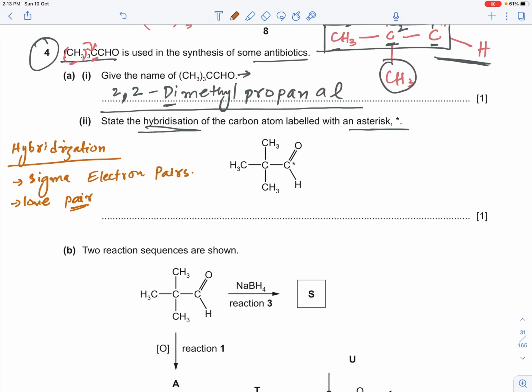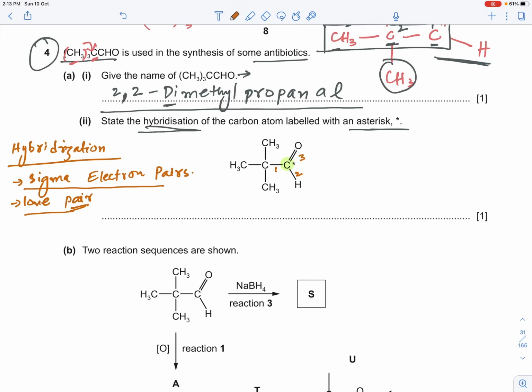So we have to find the hybridization of this carbon, right? So we would count the total number of electron pairs, which include sigma electron pairs and lone pairs. So this is 1 sigma electron pair, this is the second sigma electron pair, and then we have a double bond. A double bond means it has a sigma and a pi bond. So the pi bond would not be counted, right? We just have to count the sigma electron pairs.